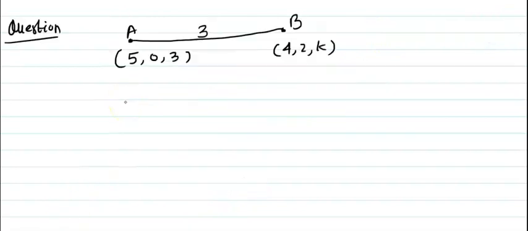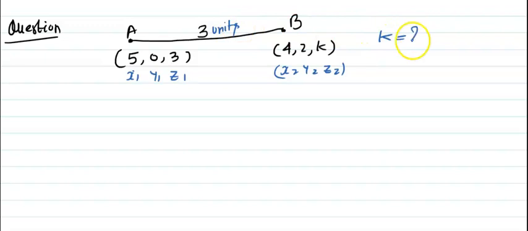So here in this question, the coordinates of point A in 3D are given as x1, y1 and z1, which is 5, 0 and 3. And the coordinates of point B are x2, y2 and z2. They are 4, 2 and k, and the distance is given as 3 units, and you need to find the value of k.